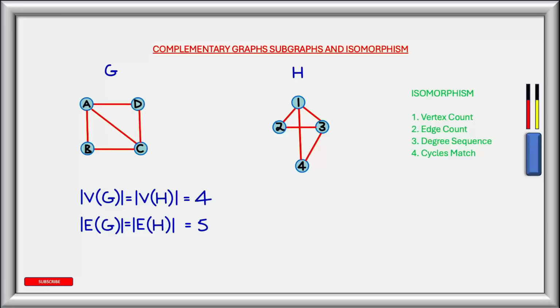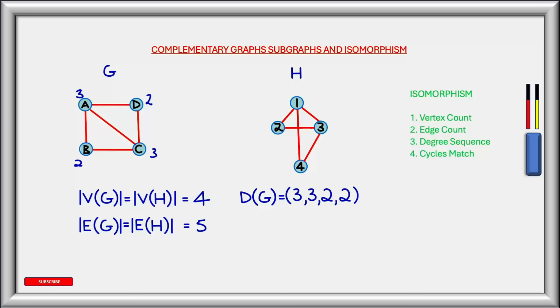Now let's look at the degree sequence of each graph. And let's arrange the degrees of the vertices of each graph from highest to lowest. So in graph G, we can see that vertex A has 3 edges. Vertex D has 2. Vertex C has 3. And vertex B has 2. And arranging these from highest to lowest, we have 3, 3, 2, and 2.